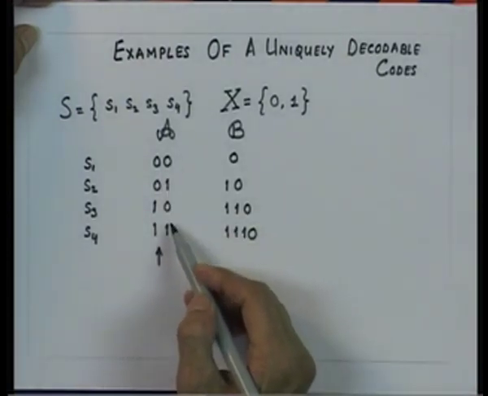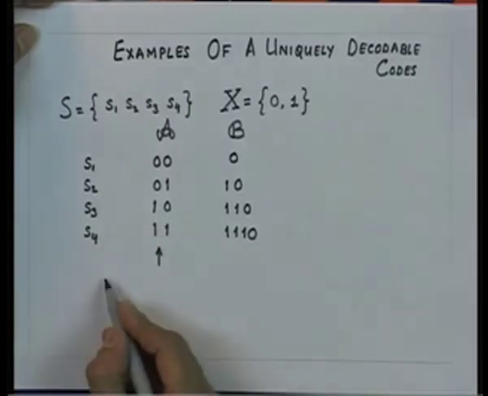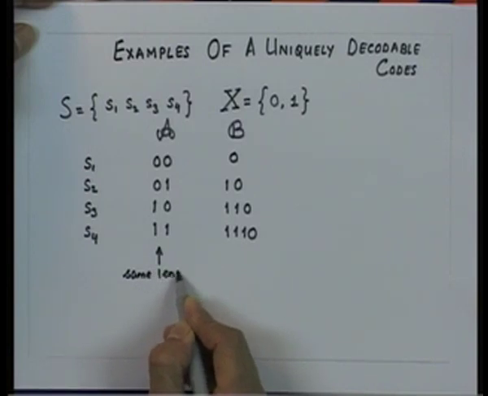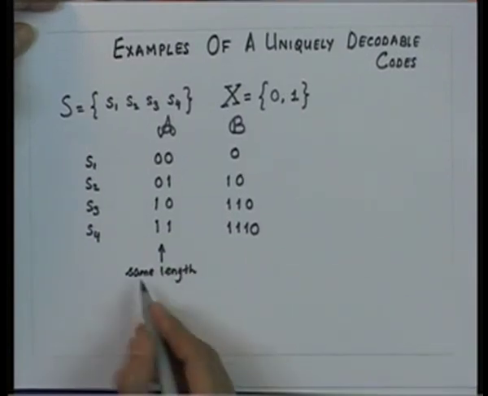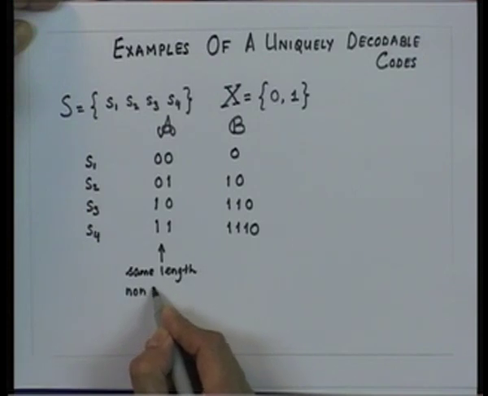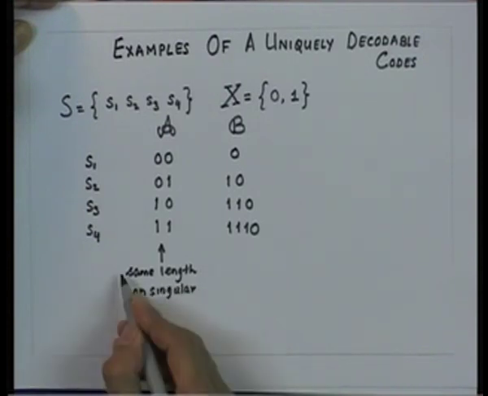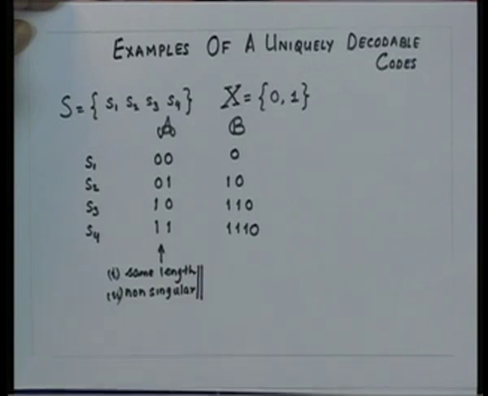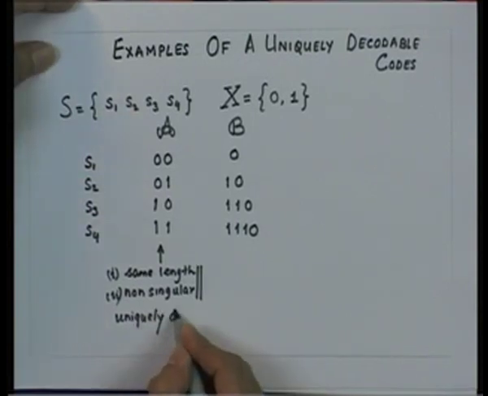Now, if these two properties are satisfied, then it is sufficient to ensure that the code is uniquely decodable.